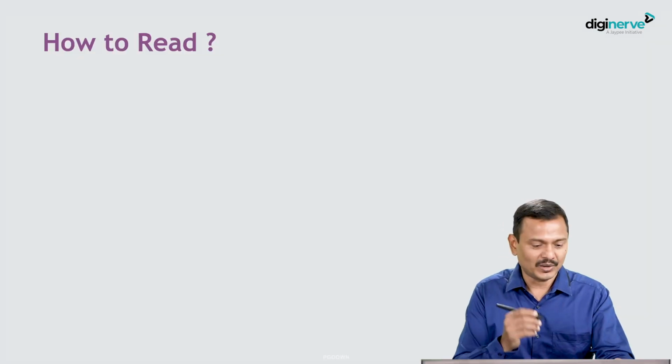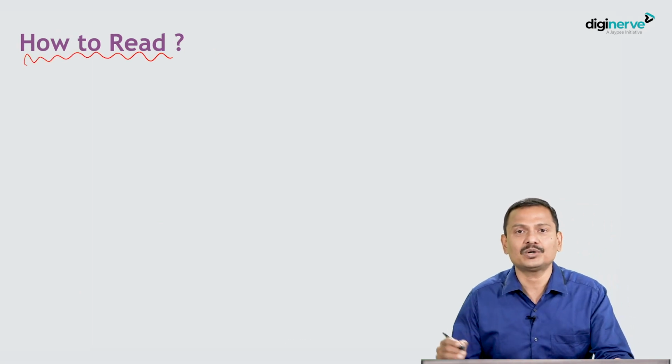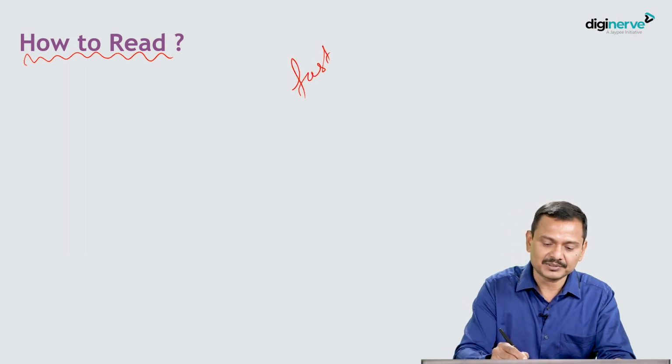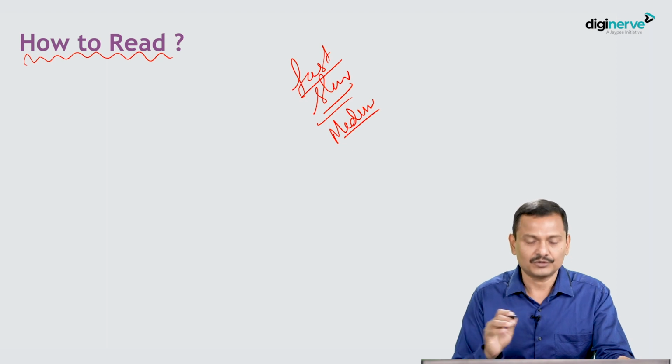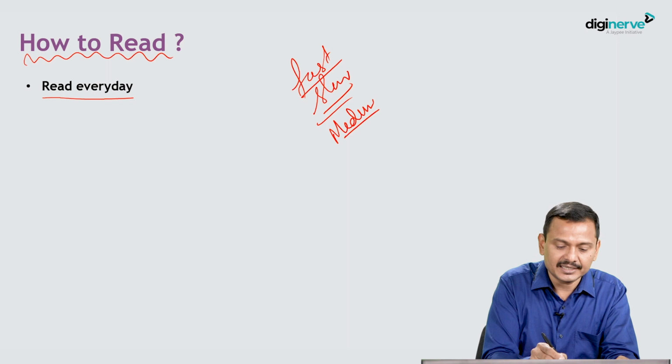After we know what books to read, now we need to know how we read. This is another important thing, how to approach the subject, because some people are fast learners, some are slow learners, and some people are good at a moderate level of reading. Okay, so how to read? First is read every day.